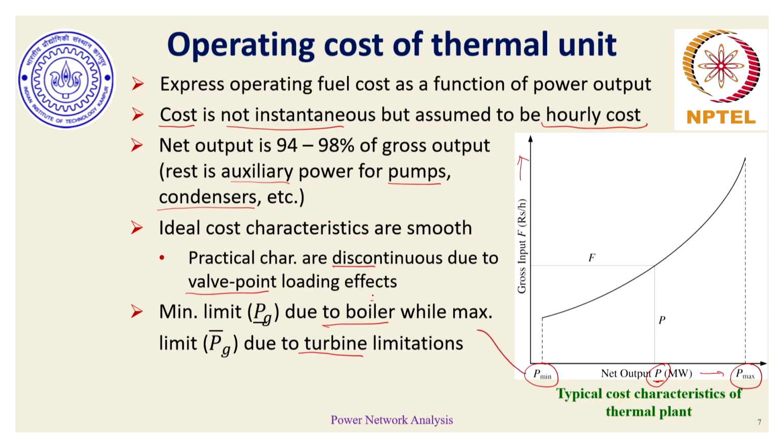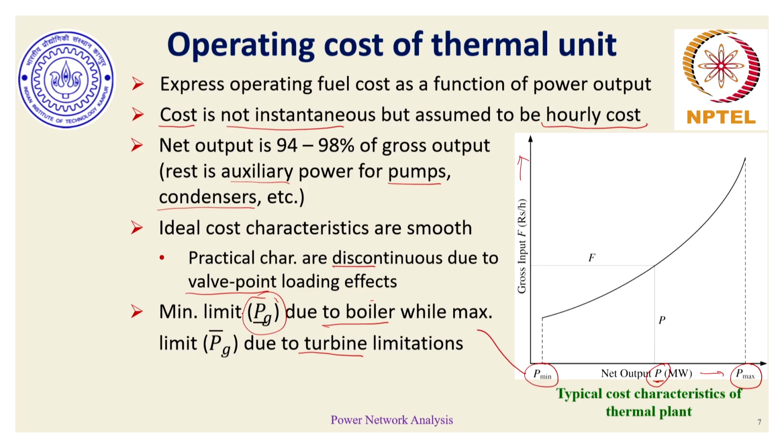If the boiler cools down below a particular temperature, it's as good as the thermal power plant has become non-operational, and it would take a few hours to a few days to warm up the boiler again to generate the corresponding steam for power generation. So, from an operational perspective, the boiler operational temperature decides the minimum limit which a generator can or should generate.